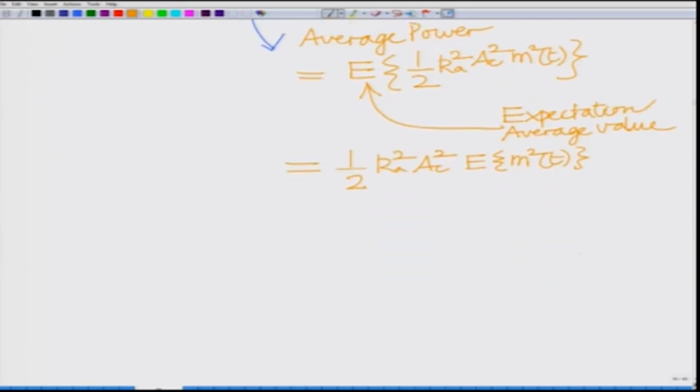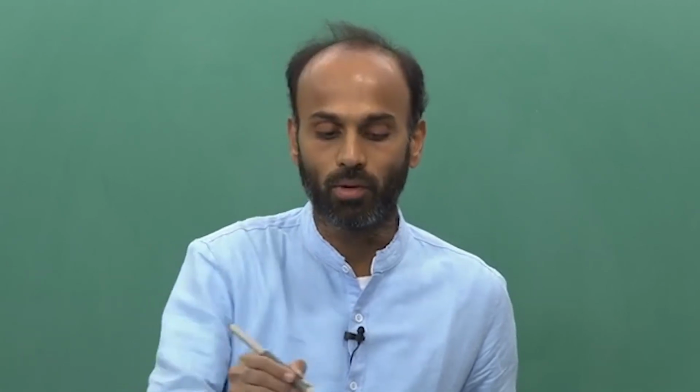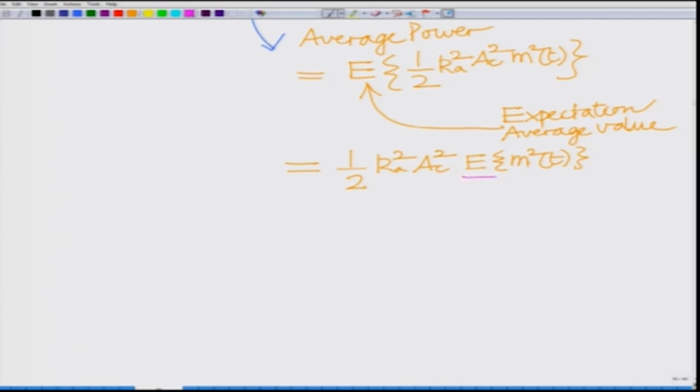But now realize the average value of this quantity m square t is nothing but the power of the message signal. We can denote this by the quantity P_m.